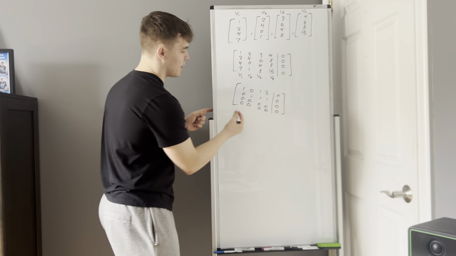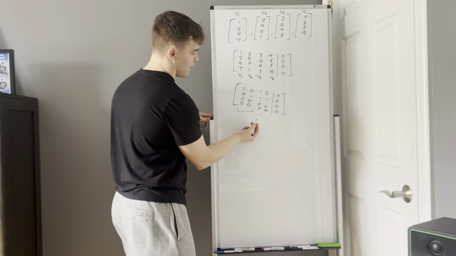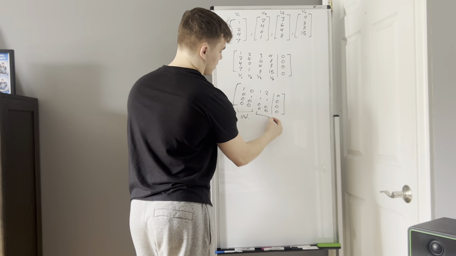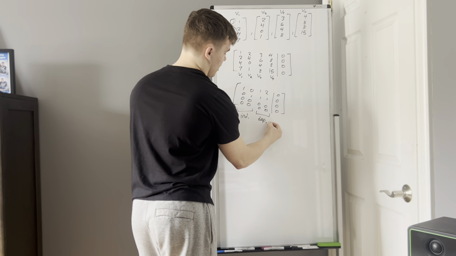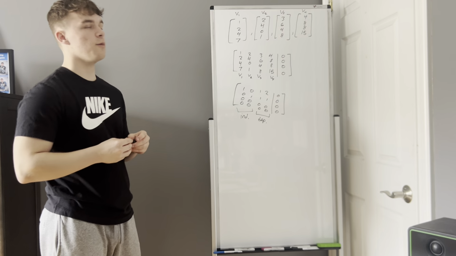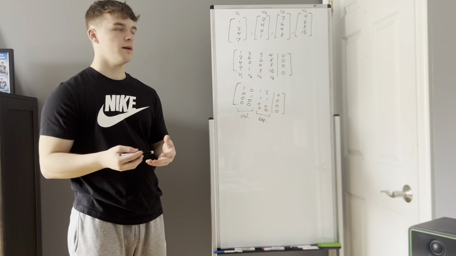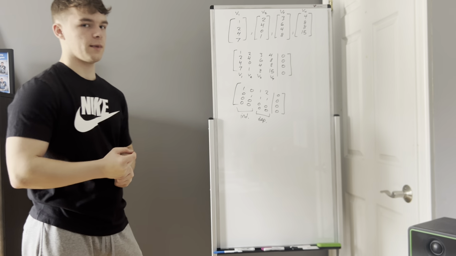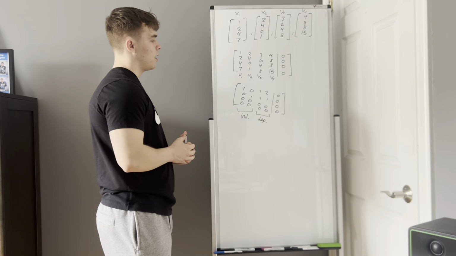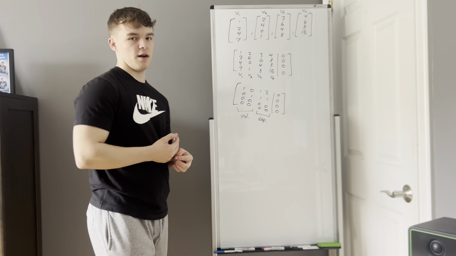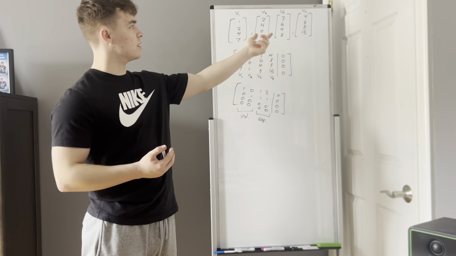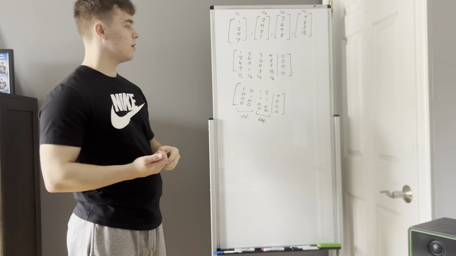So what this is telling us is that these vectors right here are independent, and these vectors right here are dependent. So v1 and v2 are independent, and v3 and v4 are dependent linearly. What does this mean? Well, that means that v3 and v4 can be expressed in terms of v1 and v2.